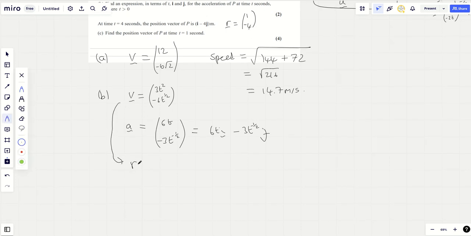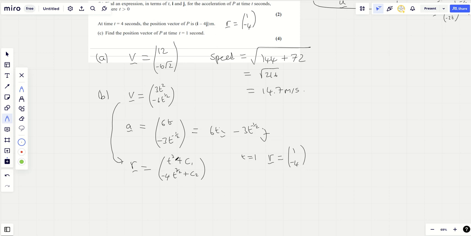And so r equals, okay, 3t squared integrates to t cubed plus a constant, and minus 6t to the half integrates to, let's put down t to the 3 over 2 first, because we'll increase power by 1, then we're going to do 6 divided by 1.5, that's minus 4t to the 3 over 2 plus c2. Now we also know when t equals 4, r is going to be 1 minus 4.